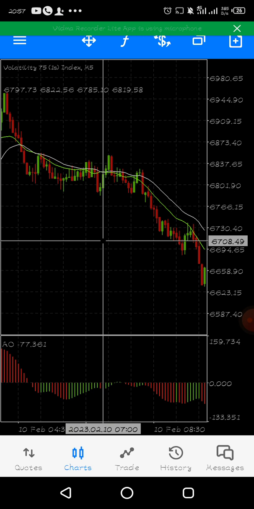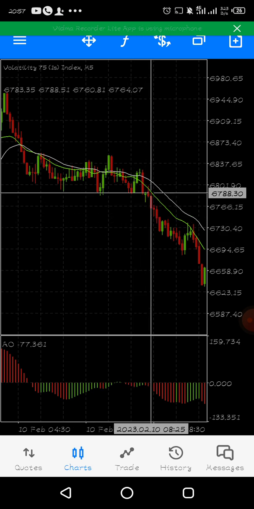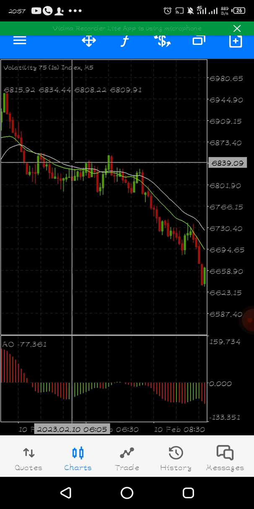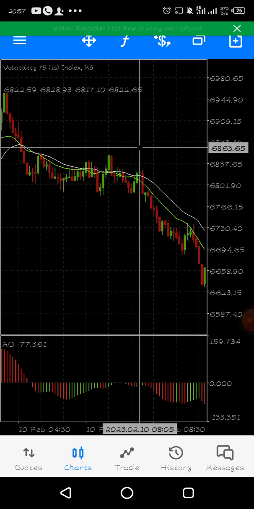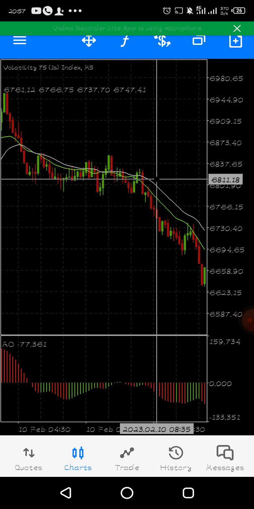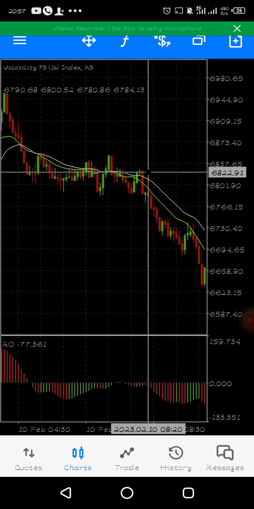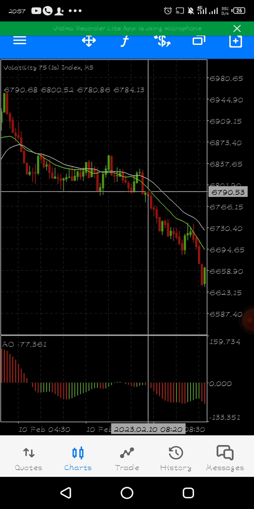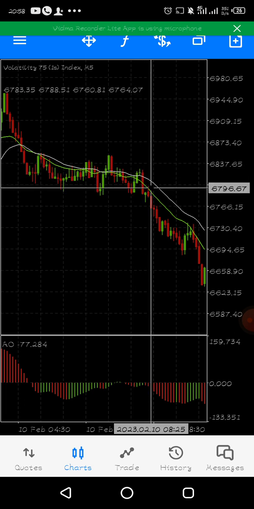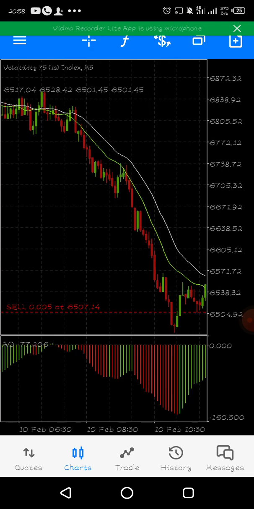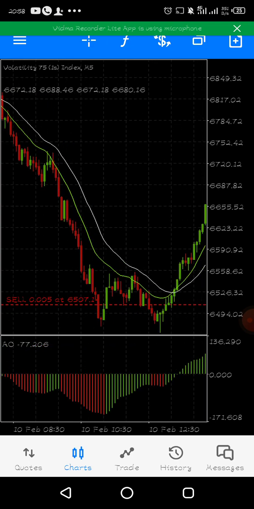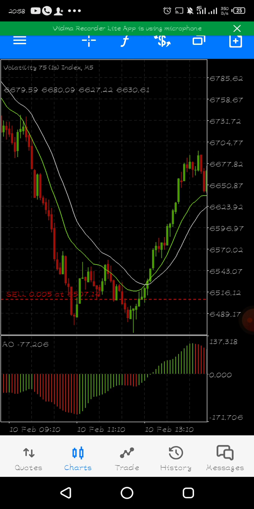If I enter this trade after this clarity, because this is a range zone now, I may not be able to pick much, but I'll be anticipating a change in direction. Now, if I enter this trade here, this is a good sell trade. Can you see how many pips I'm picking?